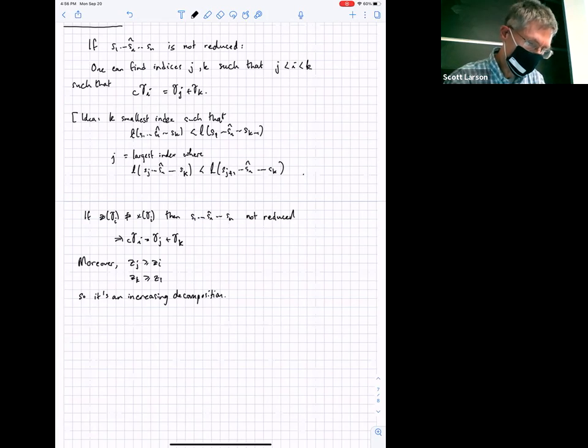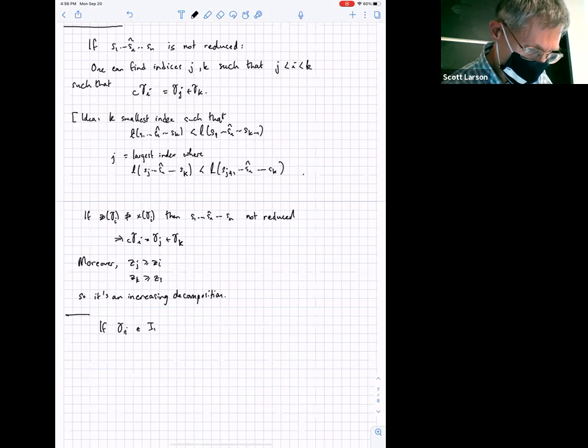So in other words, what we've done is the contrapositive. What we wanted to say is that if gamma I is an irreducible of S, then zi equals xi.